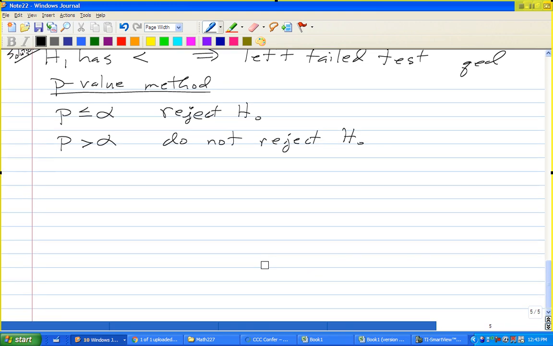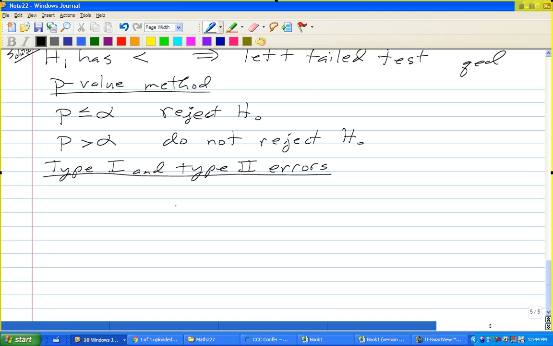type 1 and type 2 errors. Okay, so we have this procedure, and this procedure can do things.